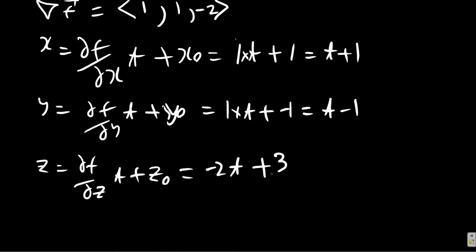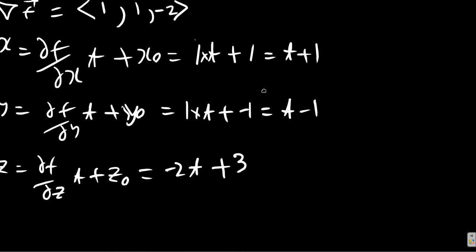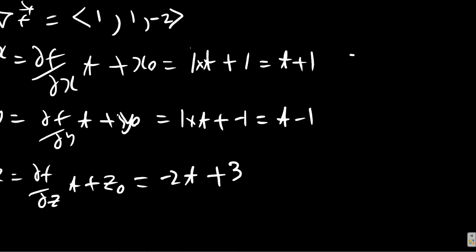Alright, so those are parametric equations to the function. We could transpose for t. Let's rewrite this before we transpose so we can see it more clearly. x equals t plus 1, so when we transpose for t, t is equal to x minus 1.